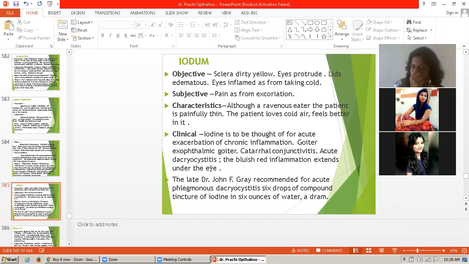Iodine is useful in acute dacryocystitis when there is an acute exacerbation of chronic inflammation of the lacrimal sac. The late Dr. John F. Gray recommended for acute phlegmonous dacryocystitis 6 drops of compound tincture of iodine in 6 ounces of water a day. That is how we can use iodine in cases of acute dacryocystitis.